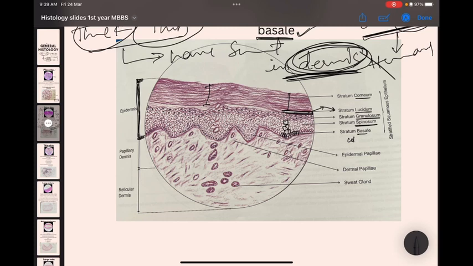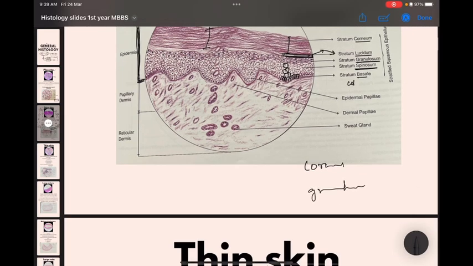Let me repeat the layers again. The first layer, corneum. The middle layer, granulosum. The base layer, basal. Here this is a connective tissue layer; you have to draw a gap after corneum and before the granulosum.